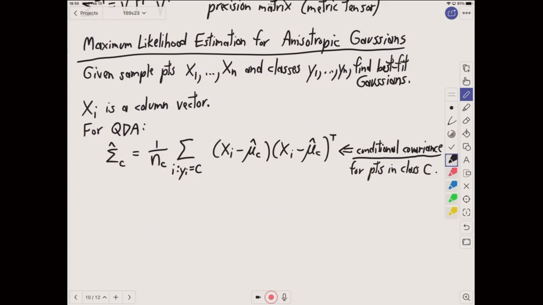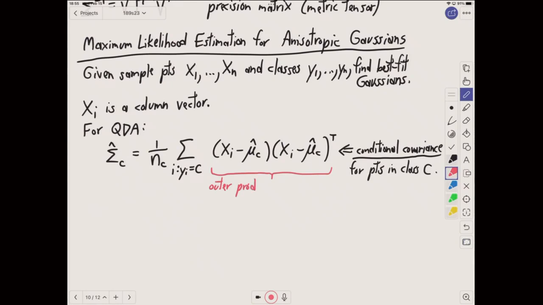Let's look at some of the details of the conditional covariance matrix. First of all, mu hat C is just the mean of all the points in class C. This gives us our sample mean for class C. The product of xi minus mu C with itself, this is not an inner product, this is an outer product.